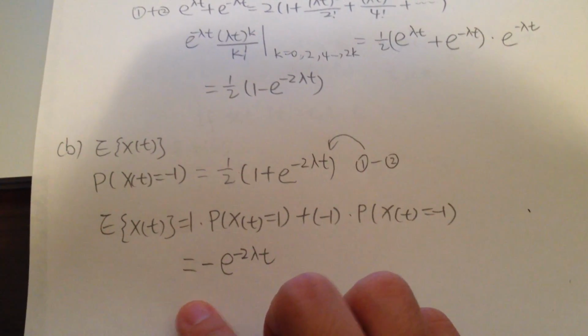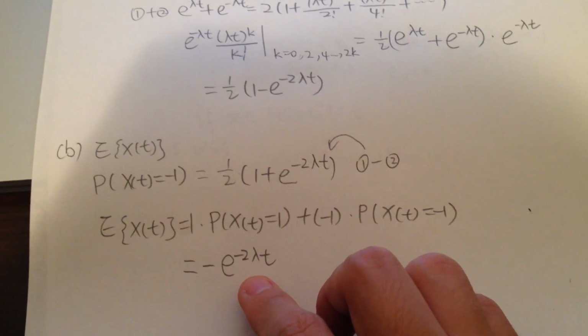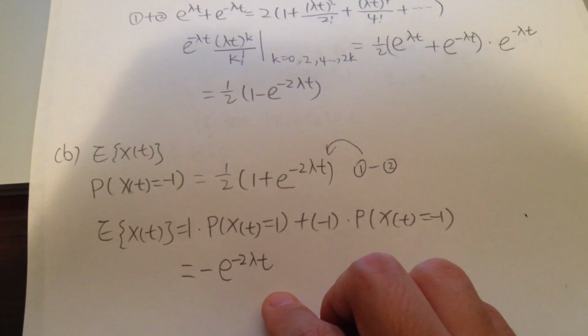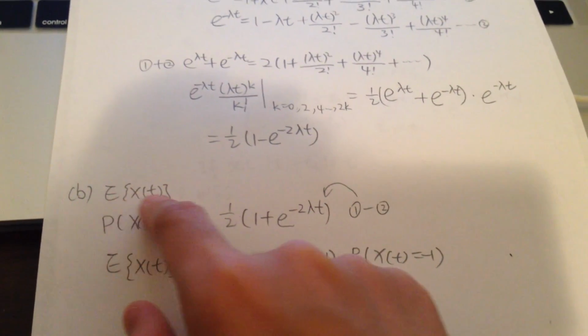The answer is e to the power of minus 2 lambda t. This is the answer for the expectation of X(t).